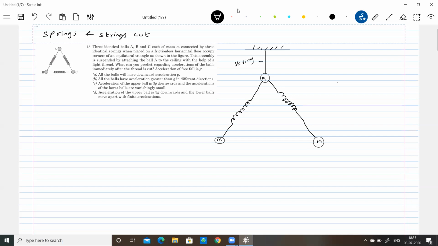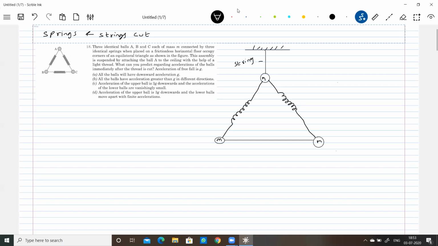Bottom also there is a spring between B and C. This assembly is suspended by attaching the ball A to the ceiling with the help of a light thread.